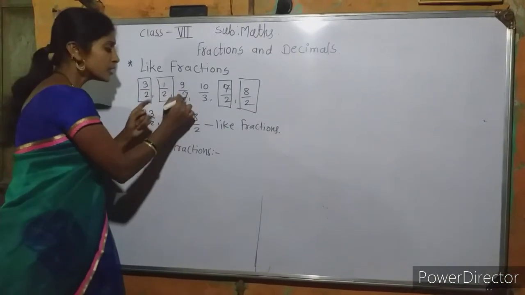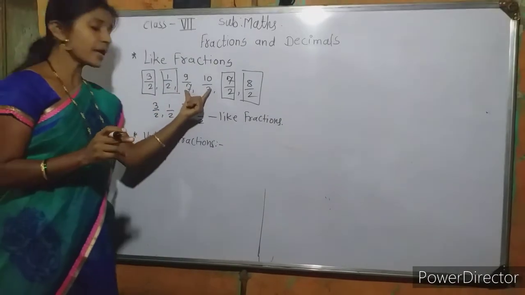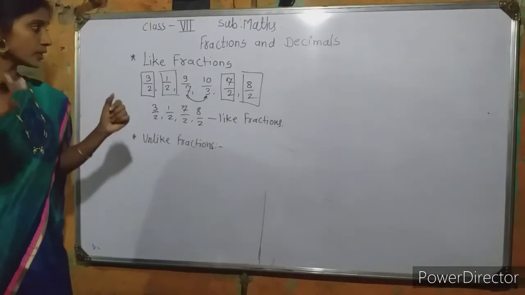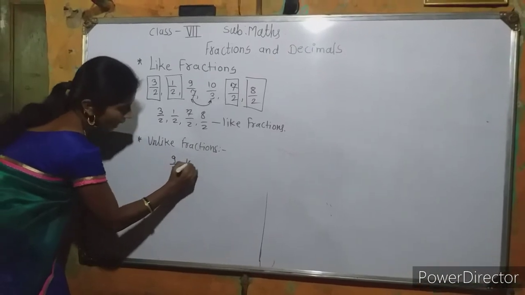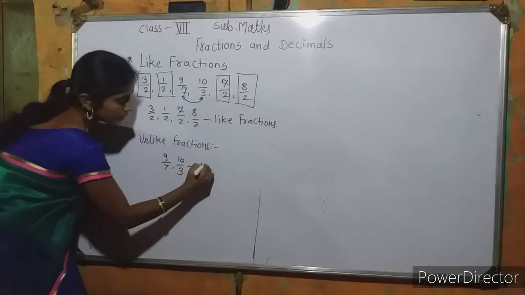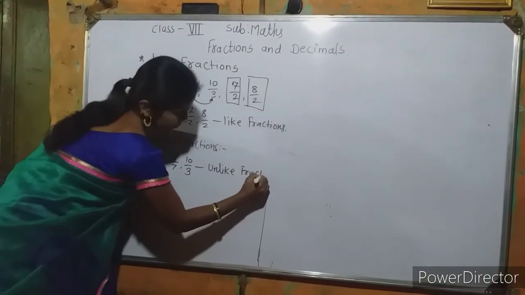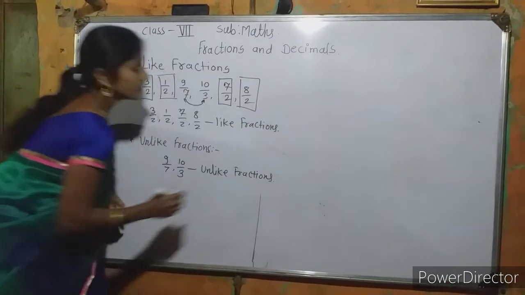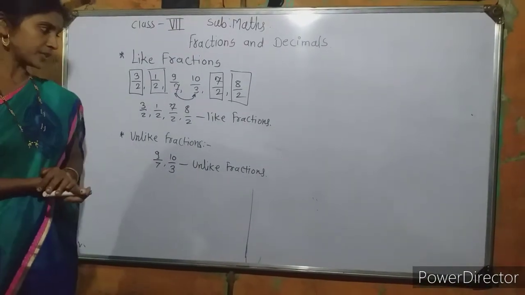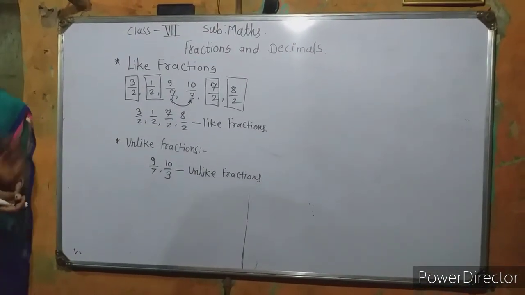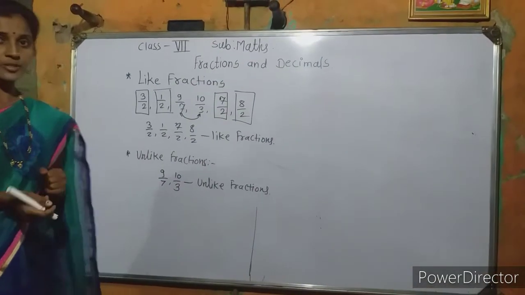That means these two numbers are different. So these two fractions are called unlike fractions. That means 9 by 7 and 10 by 3 are examples of unlike fractions. Okay. Like and unlike fractions, this point is completed here. Do you understand this one? Okay. After that we will start examples.